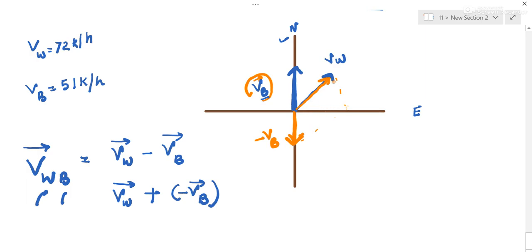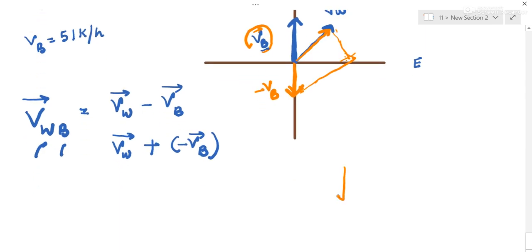You can complete the parallelogram properly. So the flag will be fluttering along the resultant, along the diagonal, and we have to find the angle.